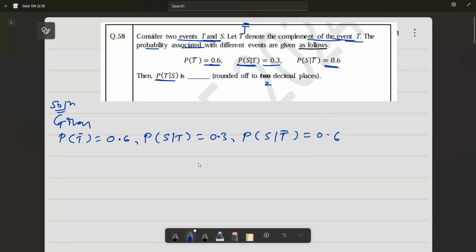So these are the things given in the question. We need to find probability of T given S.